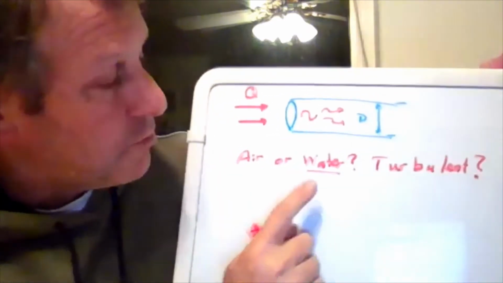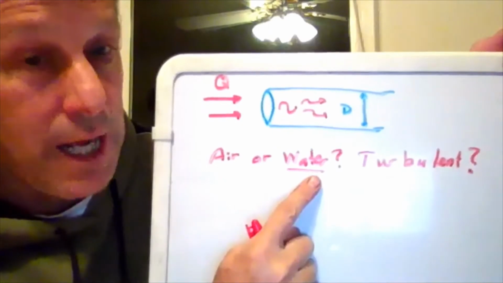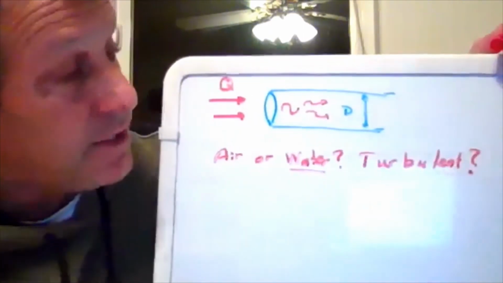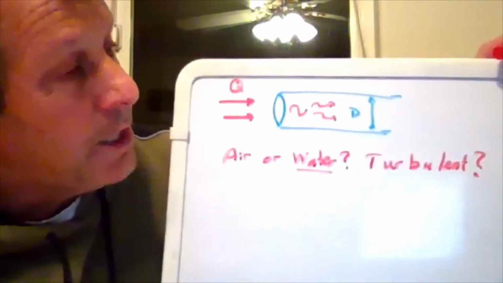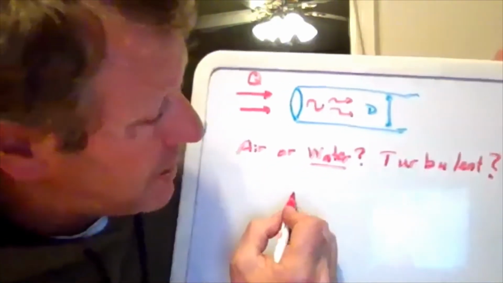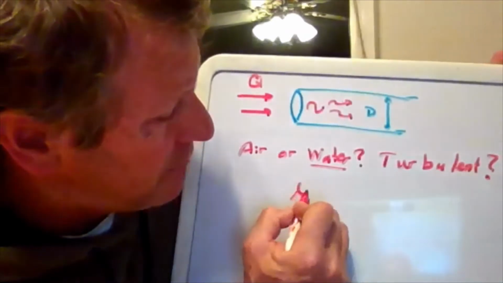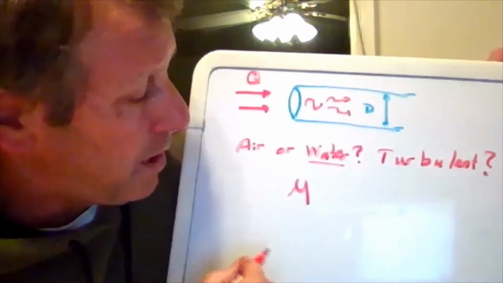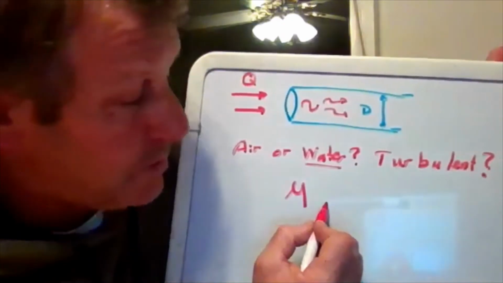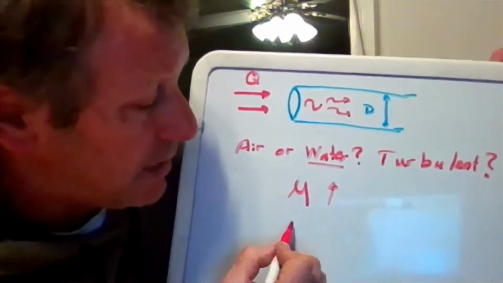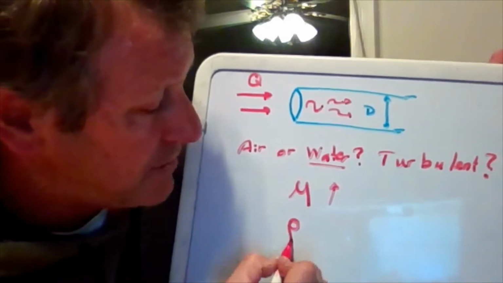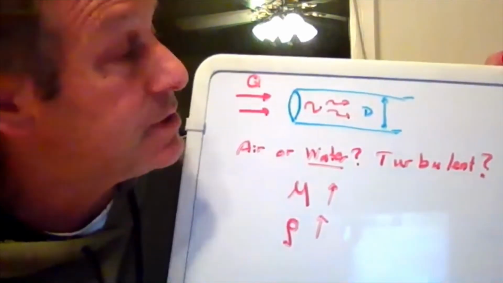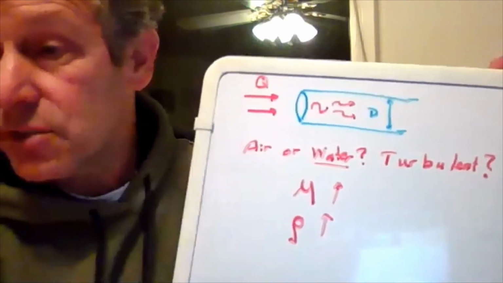So when we compare water to air, we should consider viscosity, but we should also consider density. And that's true for any fluid. So basically, we're going to think of viscosity as resistance to turbulence. Well, yes, viscosity increases and turbulence becomes less likely, but also there's this whole density thing. So as density increases, turbulence becomes more likely as well.